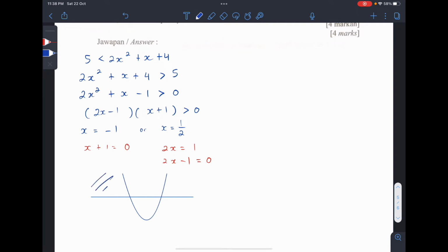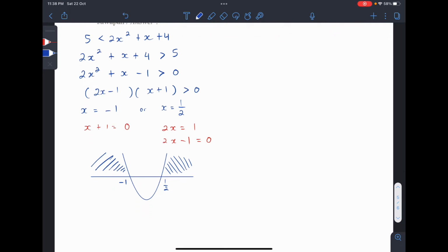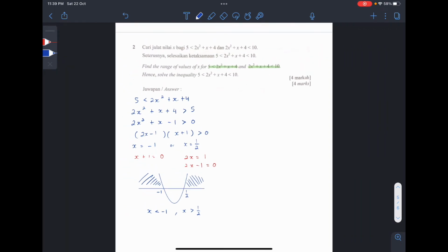So I should shade this region over here and this region over here. Negative 1 goes here, 1 over 2 goes here. And I'm just supposed to write my range. So how do I write my range? It will be x less than negative 1 and x more than 1 over 2. And that's done, just for the first equation.